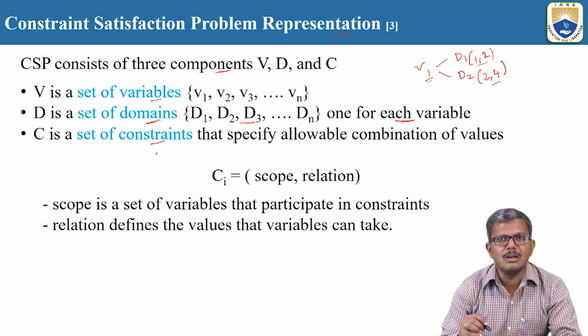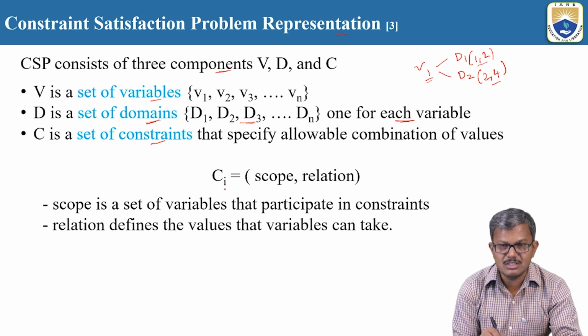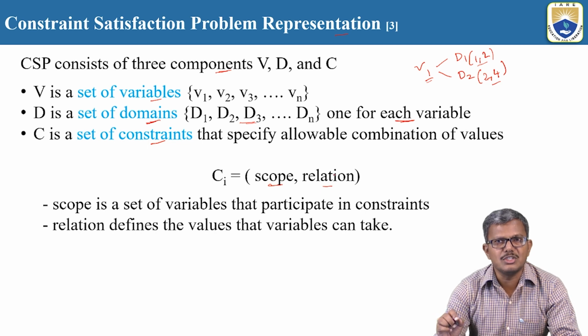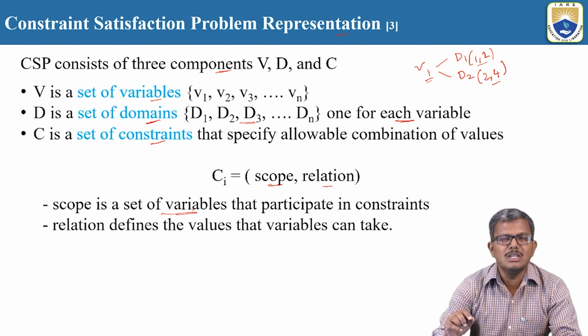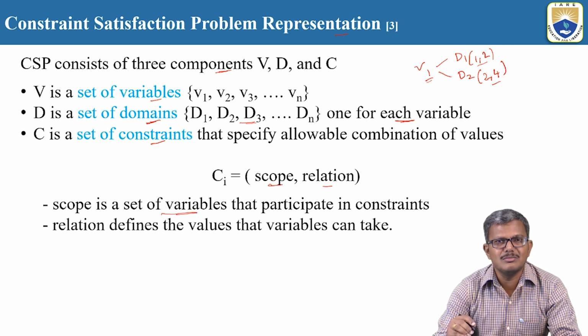And coming to the constraint, how are we going to frame or represent it? In mathematical form we represent it as Ci equal to, in brackets, two parameters: one is called scope and the other is called relation. These two parameters are required to frame a constraint. Scope is the set of variables that participate in the constraint.